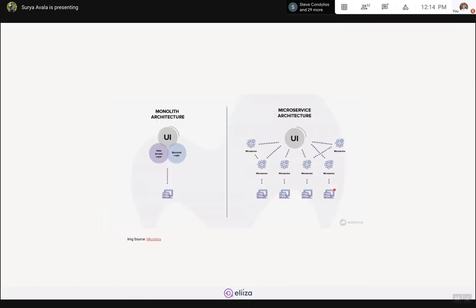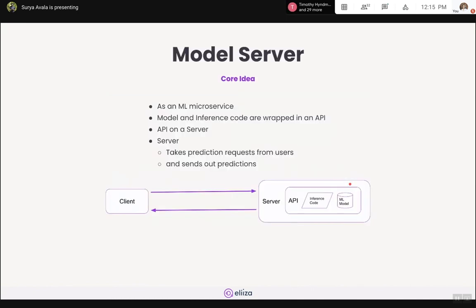So often we would be working in a microservice architecture world where you would want to deploy your ML model as a microservice that's accessible by other microservices in your organization to get predictions out of the model. We would be focusing on this sort of ML microservice architecture for the rest of this talk.